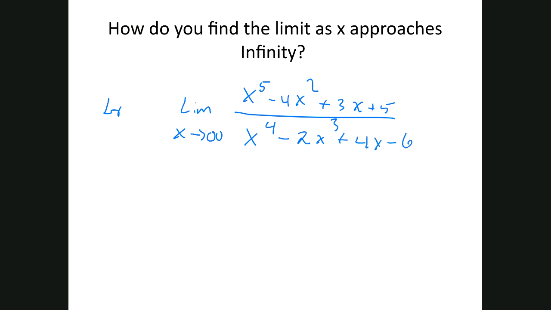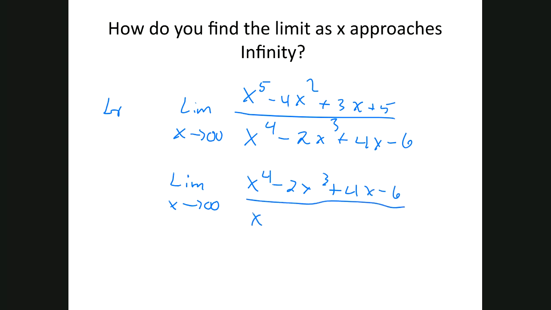Okay, that's one problem. Then I could give you a problem like this. The limit as x approaches infinity of x to the fourth minus 2x to the third plus 4x minus 6 all over x to the fifth minus 4x squared plus 3x plus 5. And then there's a third type of problem I give you.